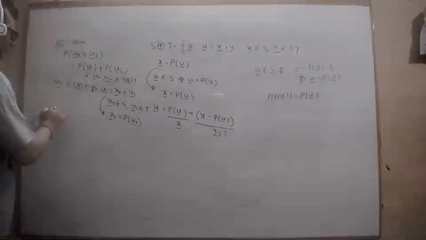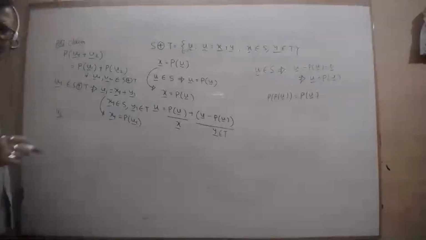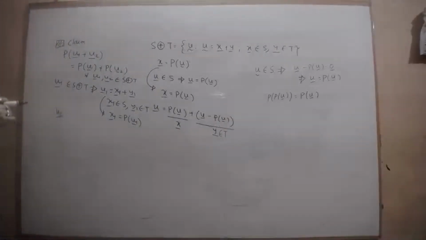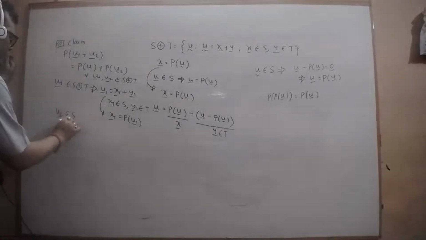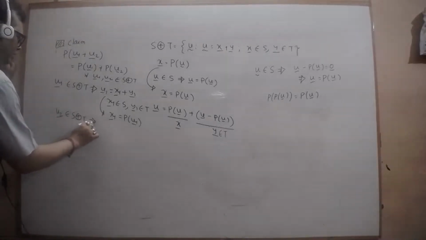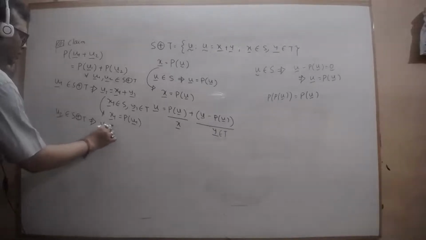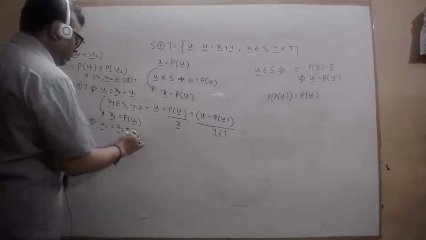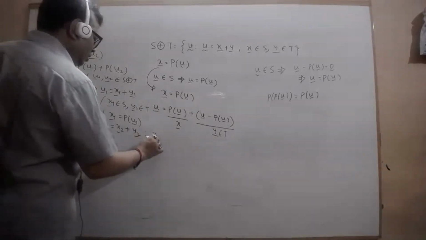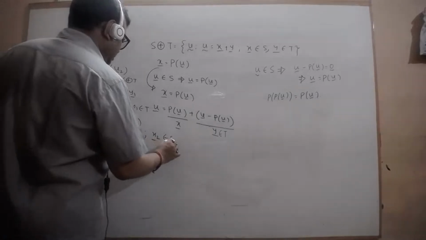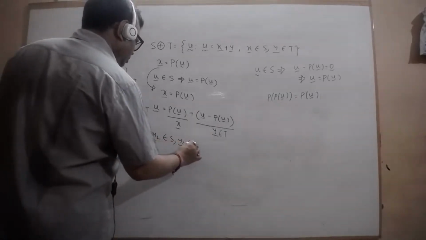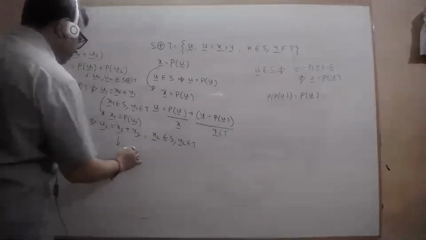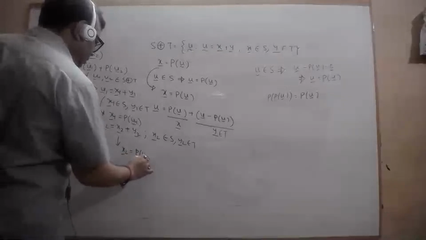Similarly, u2 belonging to S plus T is written uniquely by two vectors x2 plus y2, where x2 belongs to S, y2 belongs to T, then this x2 is nothing but Pu2.